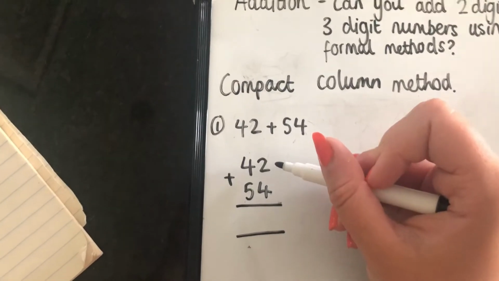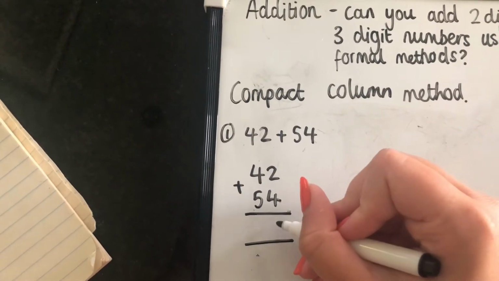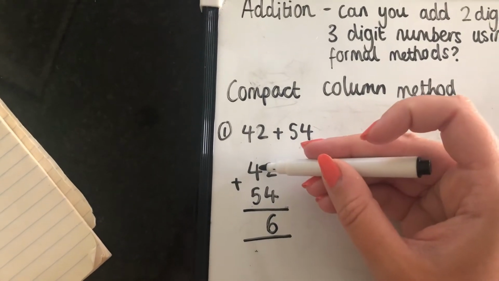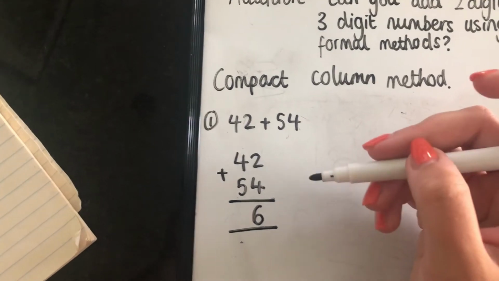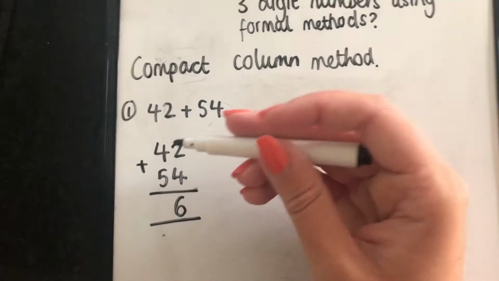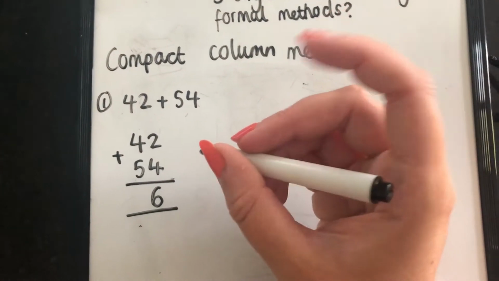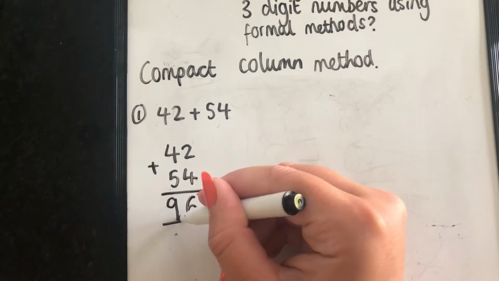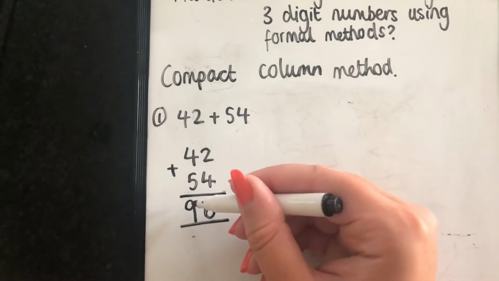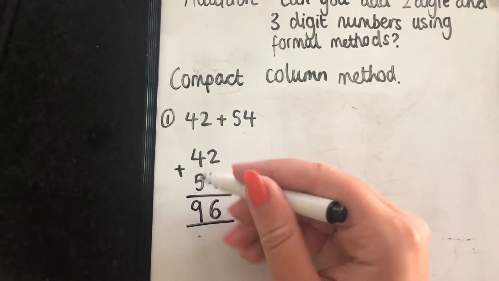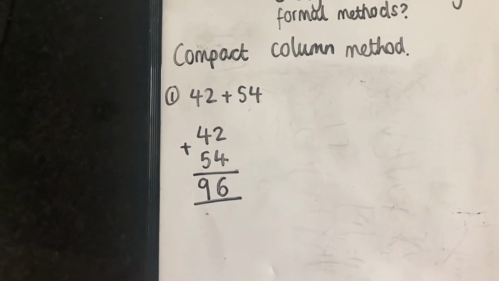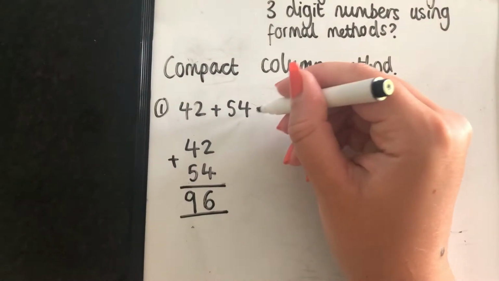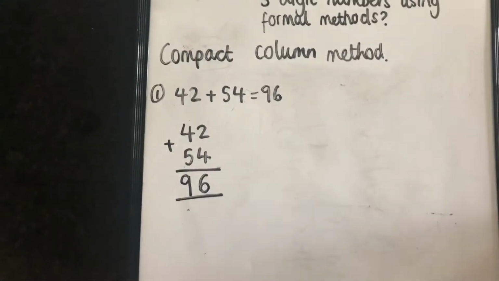So 4 add 2 is 6. 4 tens add 5 tens is how many tens? 4 tens add 5 tens is 9 tens. Because the 9 tens have no unit, we can just put the 9 straight in there. So 96. Brilliant. So we can write equals 96.